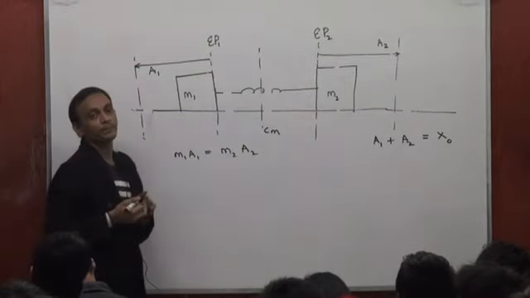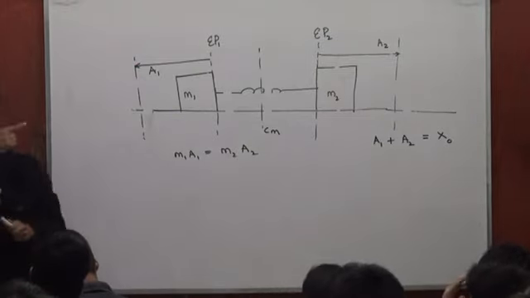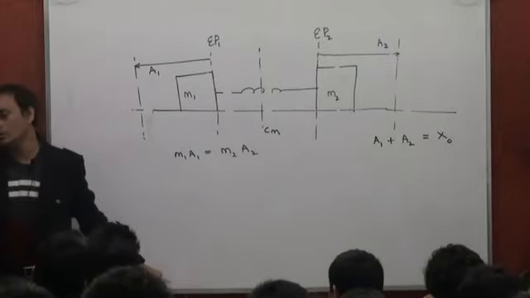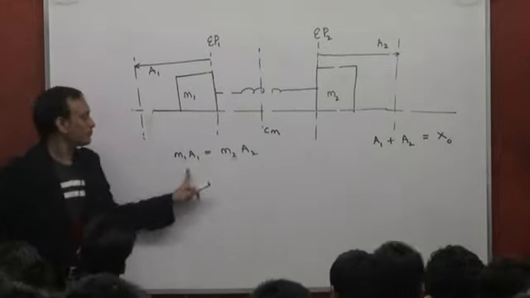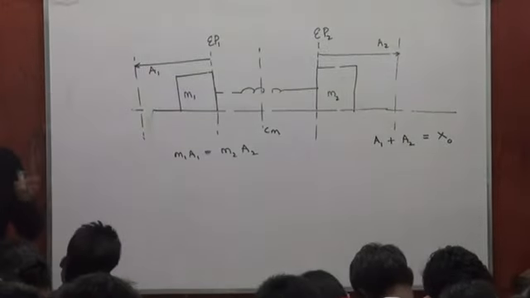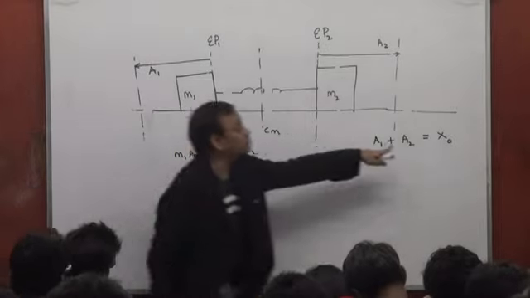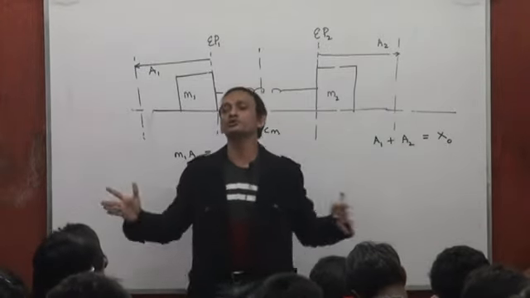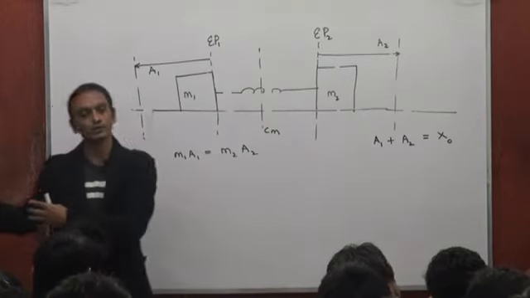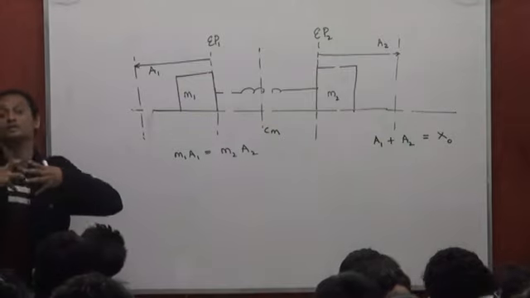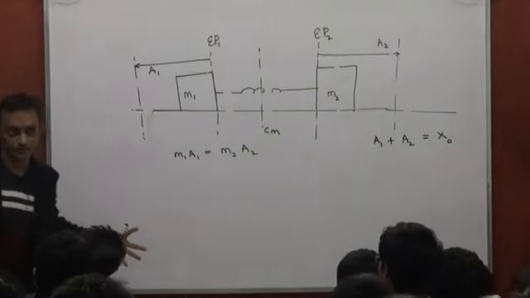To preserve the location of the center of mass, like I had m1 x1 equal to m2 x2, I must have m1 a1 equal to m2 a2. And from these two equations, I can calculate the values of a1 and a2, the amplitude of motion. Obviously, x0 would have to be given, the amount of compression or elongation that I produce in the spring initially, right? And this is on the premise that the whole thing is done very slowly, all right?